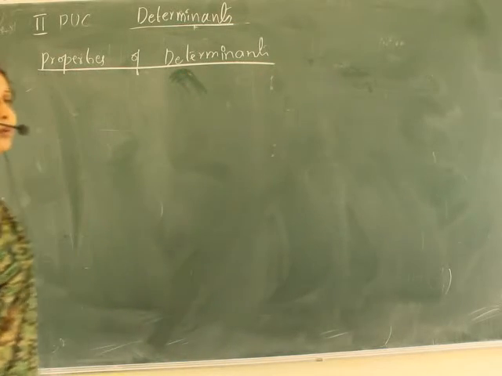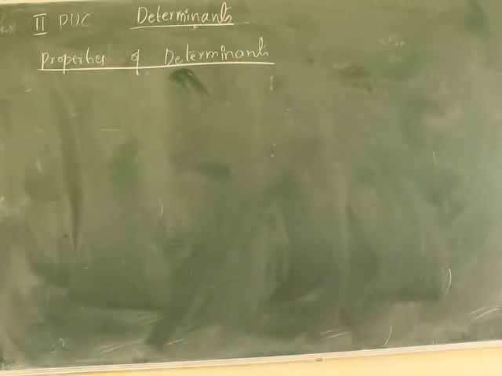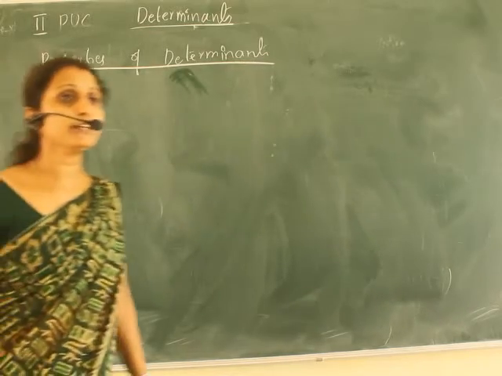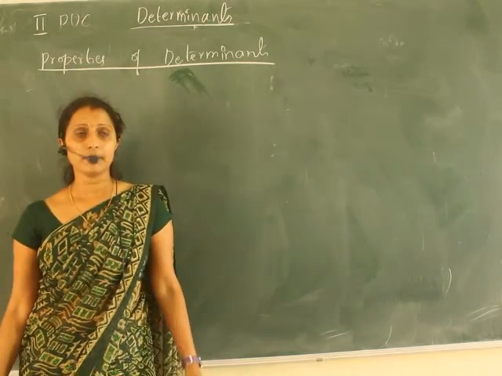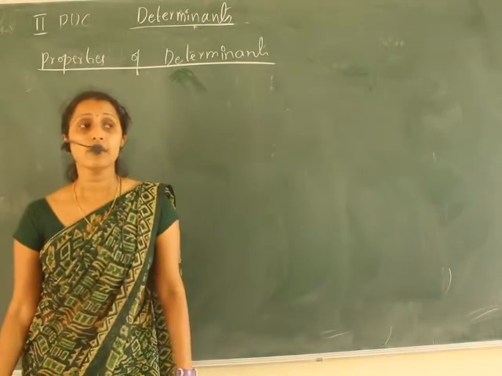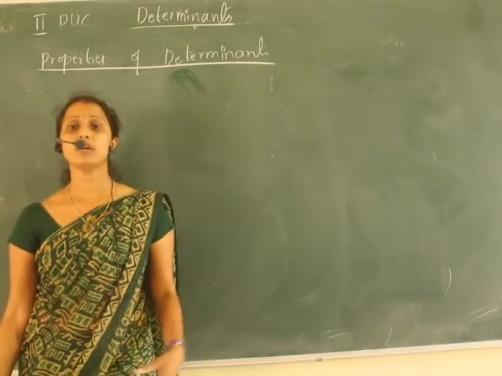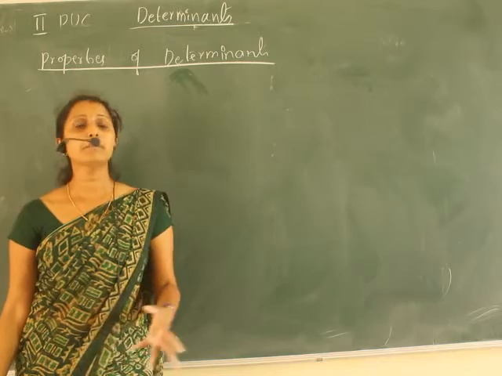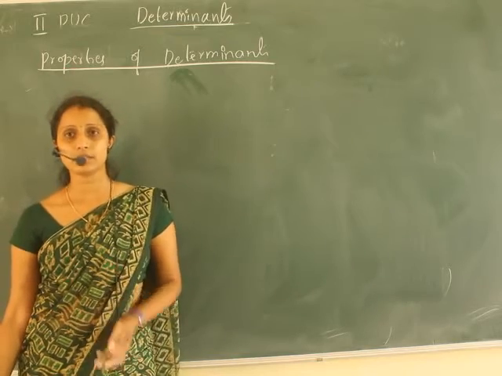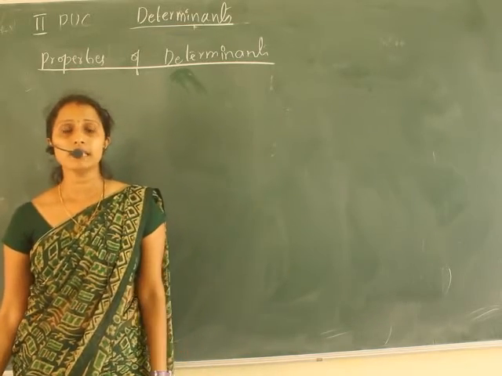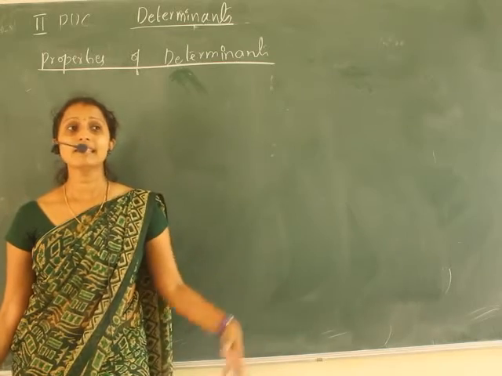So using properties we can find it out. In the previous section we calculated how to find the determinant of a given matrix. But here we are going to calculate the determinant of a matrix by simplifying, using the properties, because some determinants have lengthy steps.